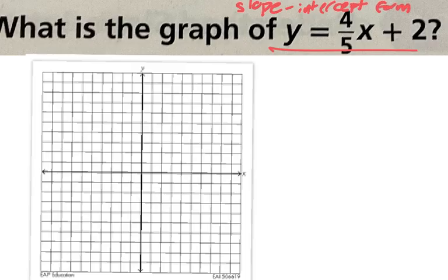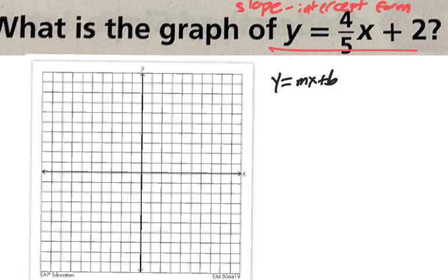I heard somebody already say, it was William, right? Y equals mx plus b. I like that. That is slope intercept form.